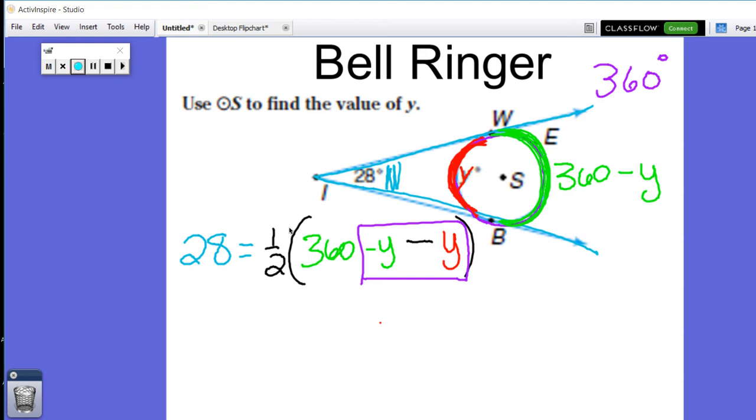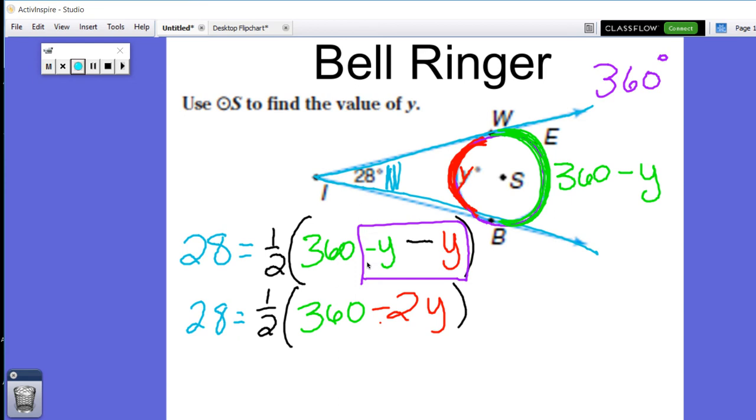So I can combine our two y's. Our 28 for right now is going to stay the same. Our 1/2 is staying the same. There's nothing to combine the 360 with, and we combine our two y's. So negative y minus y gives me a negative 2y.